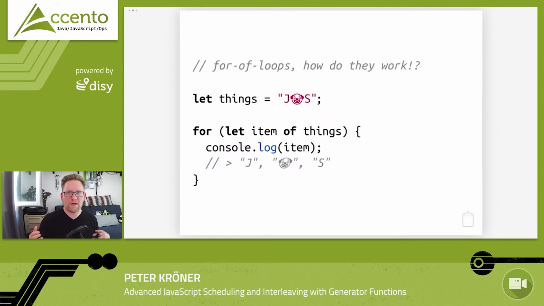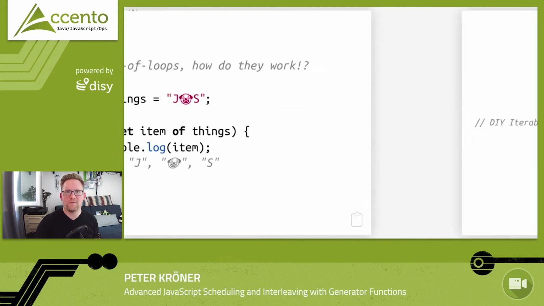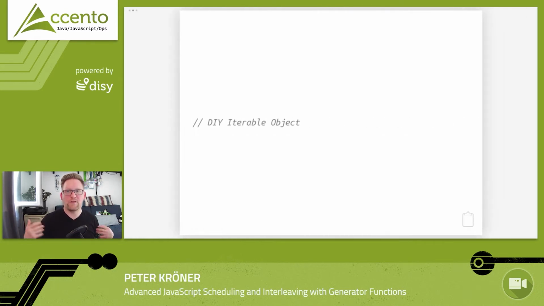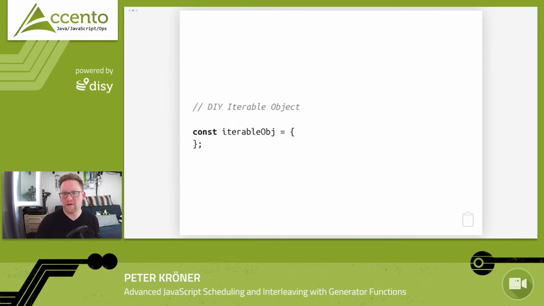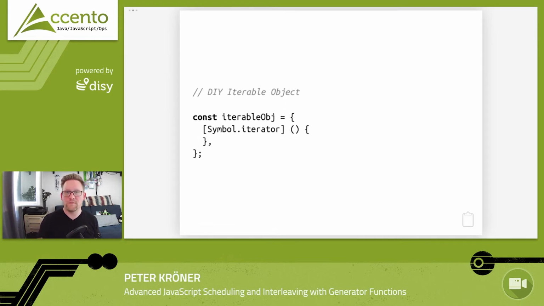And to illustrate how this works, we are just going to implement our own iterable object. To do this, we first need an object, and this object needs to have a method called Symbol.iterator. Symbol.iterator is sort of a magic key, the magic key for the function that stuff like the for-of loop needs to call to get something that they can then iterate over.